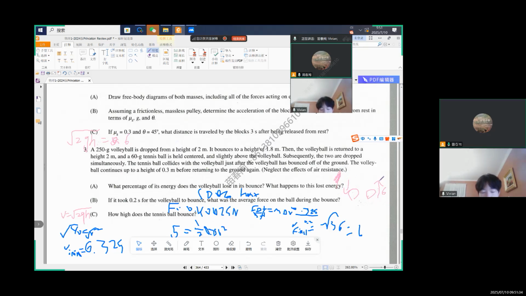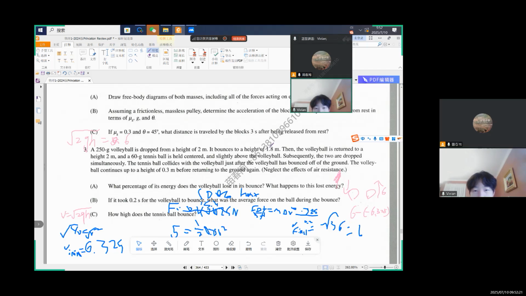It's 6 minus negative 6.325. Yeah, that's more like it. That's delta V, right? Okay, that's why I did it wrong. Multiply that by mass: 15.4 newtons.